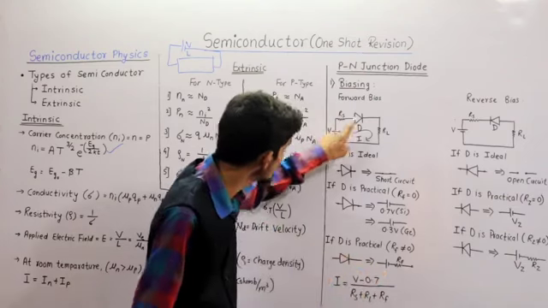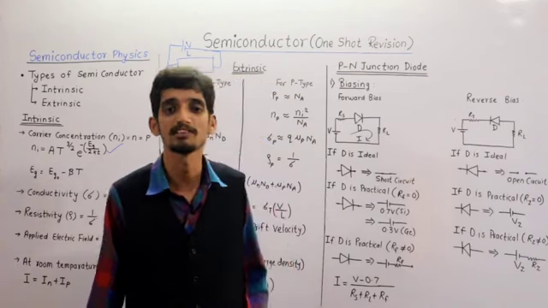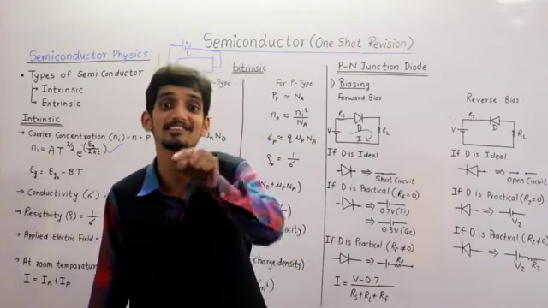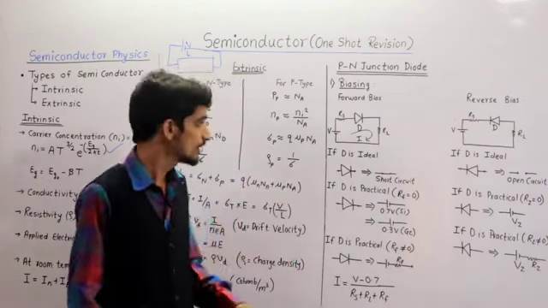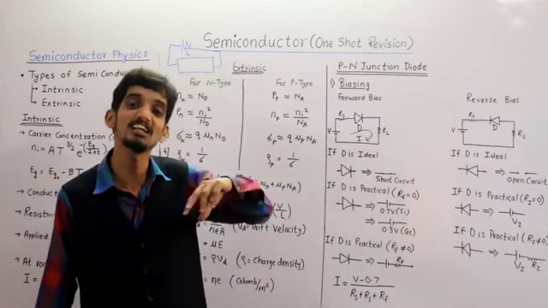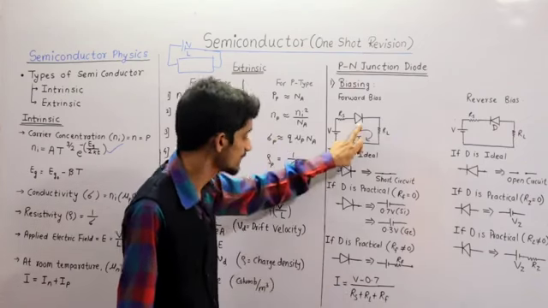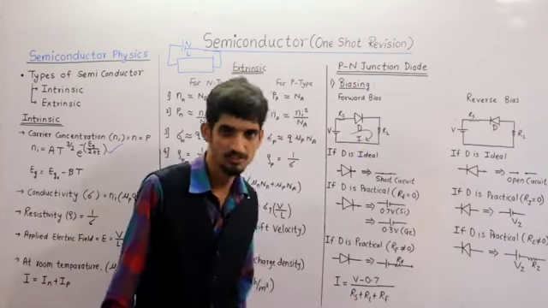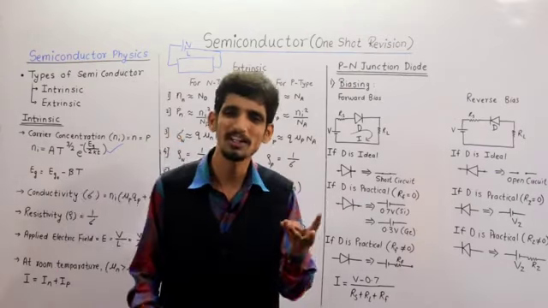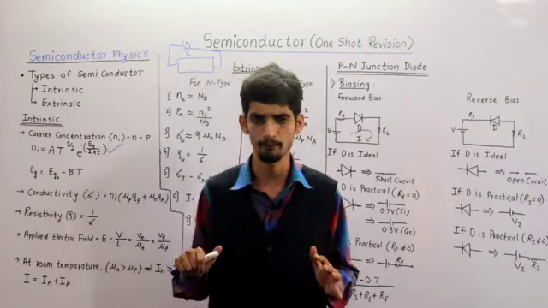The diode in this circuit is replaced with a 0.7 volt battery along with RF, the forward resistance, if it is practical and the forward resistance is given. In this way, if you want to find the current in the circuit, then I is equal to V minus 0.7 upon RS plus RL plus RF. In the problem actually RS is not given, but I have given it to you. If all the factors are given, then also you can solve the problem.